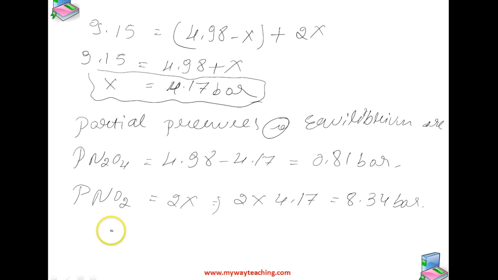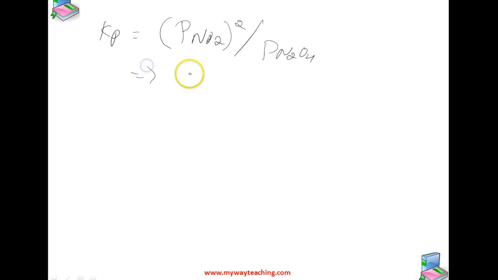And now Kp equals P of NO2 whole square divided by P of N2O4, which is 8.34 whole square divided by 0.81, which is 85.87.